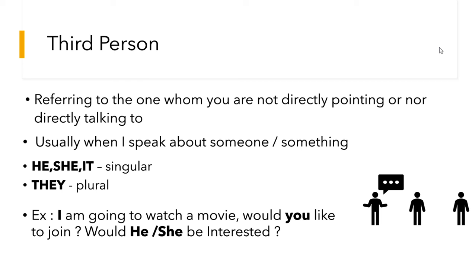So how do you address the third person here? He or she. So the first person says, I'm going to watch a movie, asks the second person, would you like to join, and also asks whether the third person is interested or not, that is, would he or she be interested.